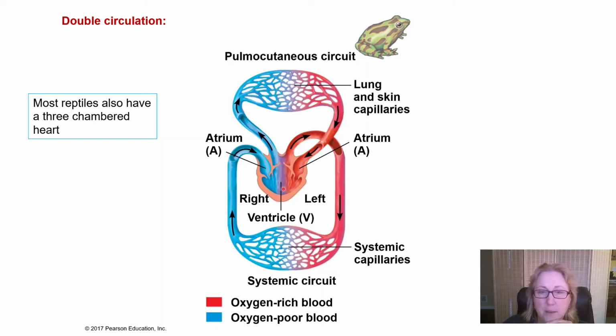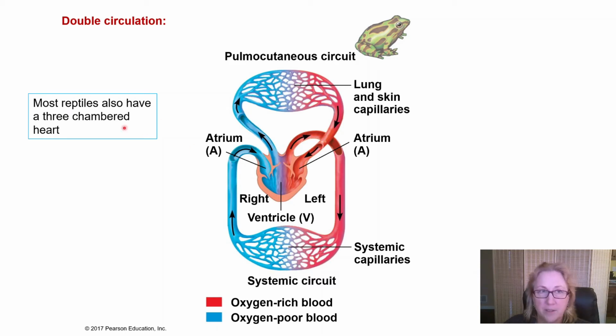Now there is some mixing. They do have a septum in the center of their ventricle, which kind of directs the blood to stay separate, but it does mix. There is some mixing, which means that it's inefficient. So that's an inefficiency in their system, because some of the deoxygenated blood is going to mix with some of the oxygenated blood before it gets pumped to the rest of the body.